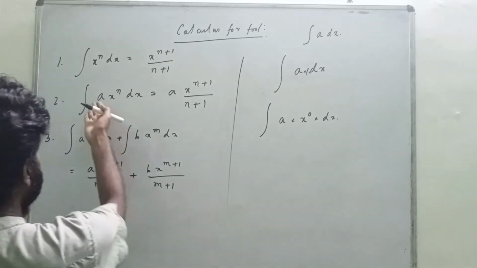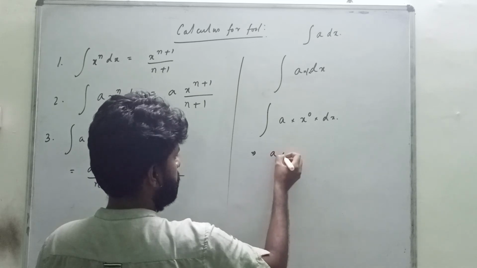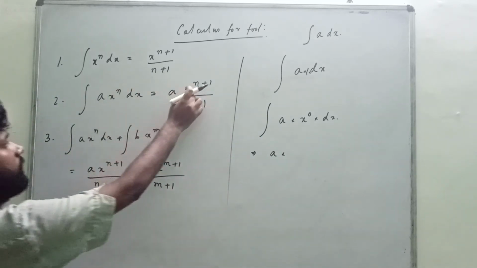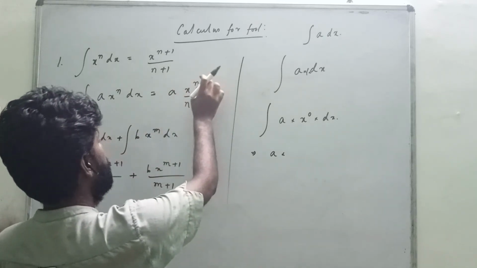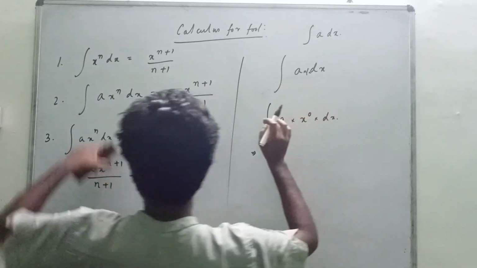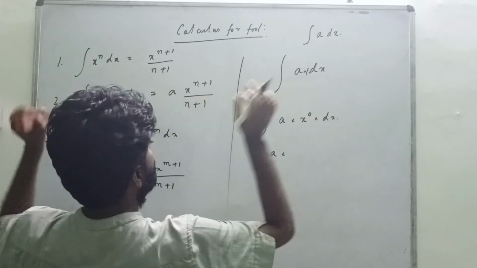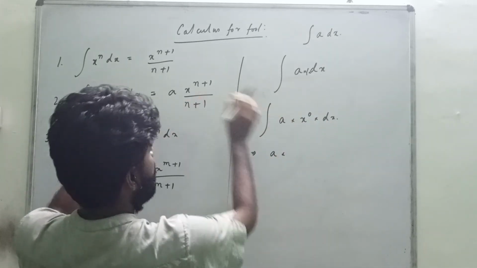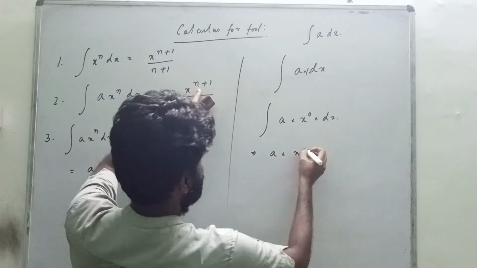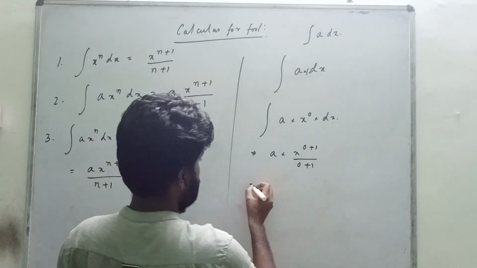And this is our formula number 2. A remains constant, and if it is x power n, you will get x power n plus 1 by n plus 1. So here there is n, there is 0. Just put the value here. So instead of n, put 0. So 0 plus 1 by 0 plus 1.